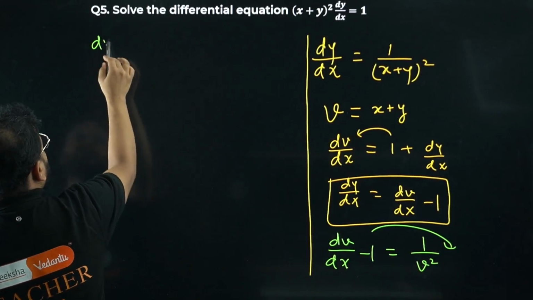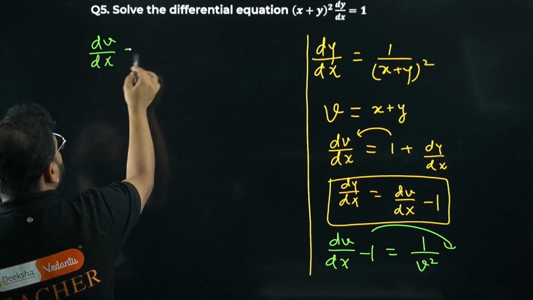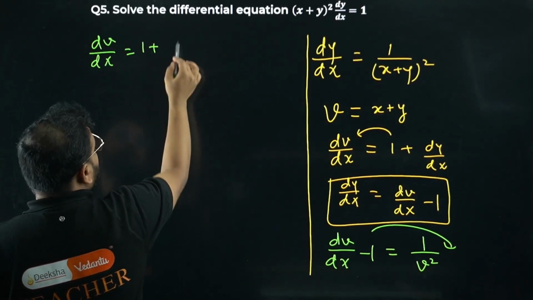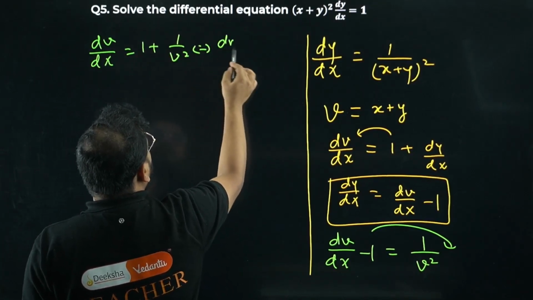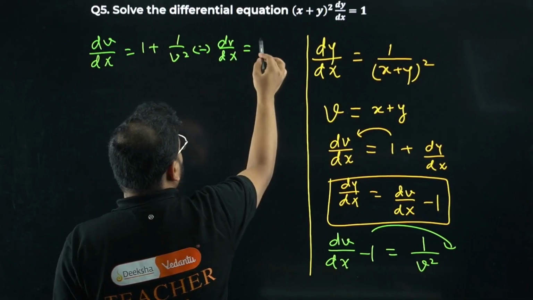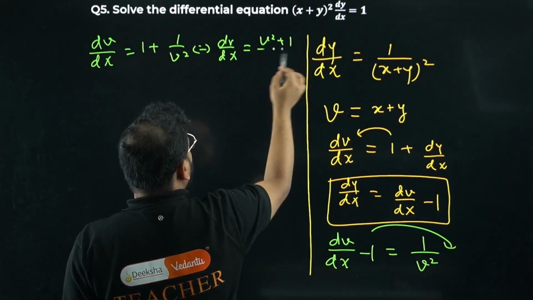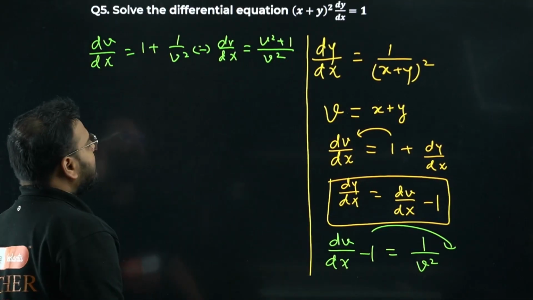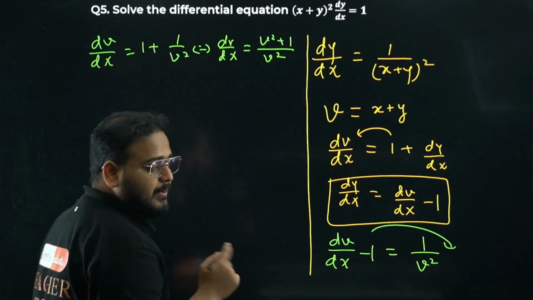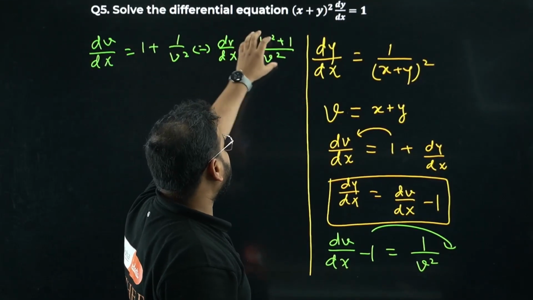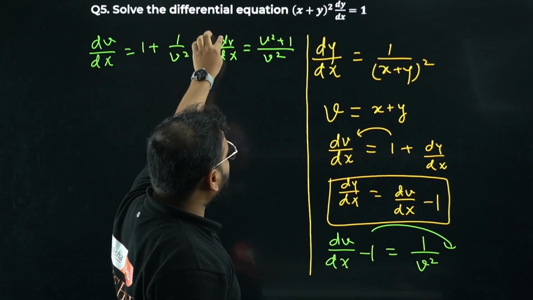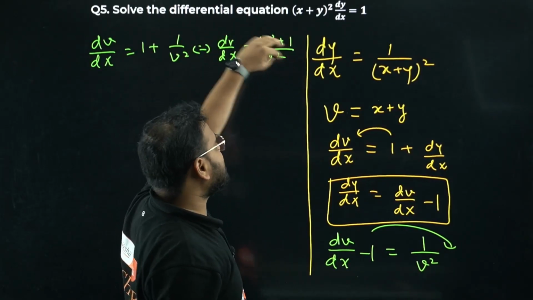So I'll have dv by dx equals 1 plus 1 upon v square. If you take the LCM, it will turn out to be dv by dx equals (v square plus 1) by v square. Now I'm going to use the variable separable approach, separating the variables. You can see dv is in the numerator, so no change is required. Just bring this to this side.